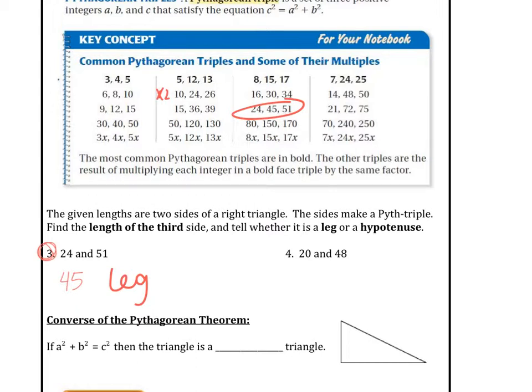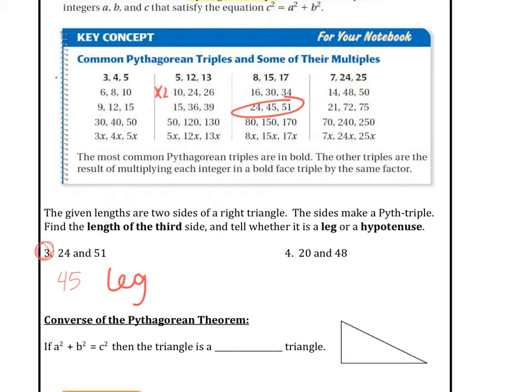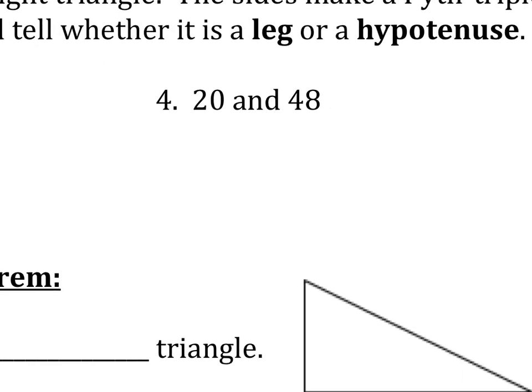You can't multiply 3 to get 20. 5, 12, 13. 5 times 4 is 20. 12 times 4 is 48. So that's the one you want. So we're going to use 5, 12, 13.